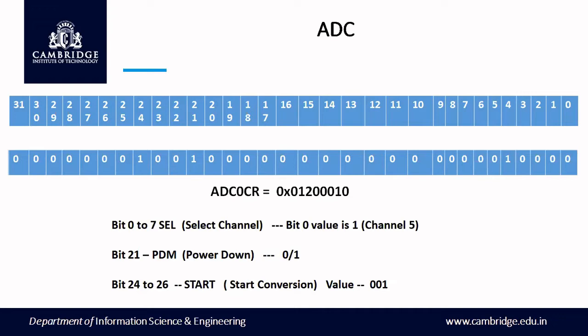All those triggering things we are not going to consider. We will take some value in the beginning, and from that value it starts the conversion. The value you need to place in these 3 bits, bits 24, 25, 26, is 0, 0, 1. That is the start conversion value which should be placed in this particular register.